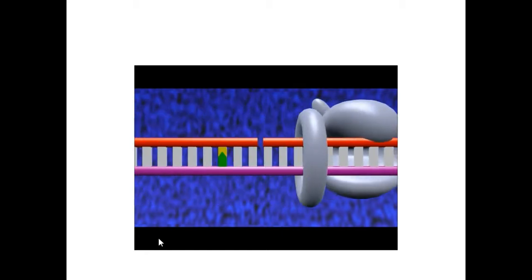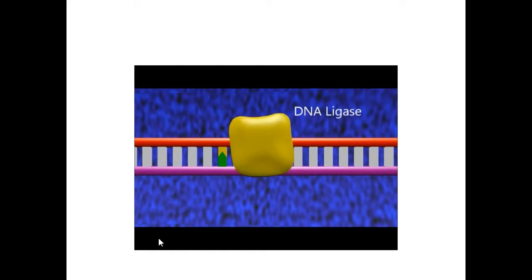Now, DNA polymerase 3 can begin to resynthesize the new strand, inserting the correct complementary base where the mismatch used to be. The final step is for DNA ligase to ligate the backbone nick. The mismatch pathway is now completed, and all the newly synthesized DNA is complementary to the template strand.